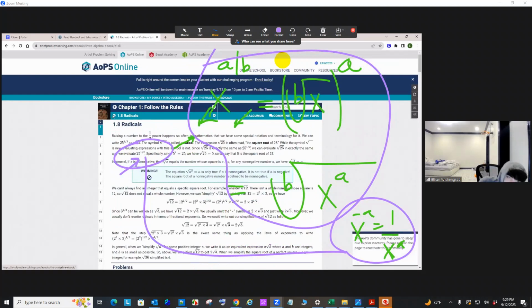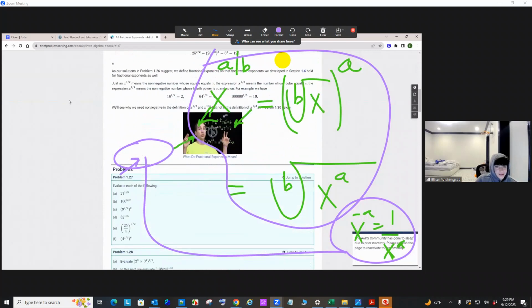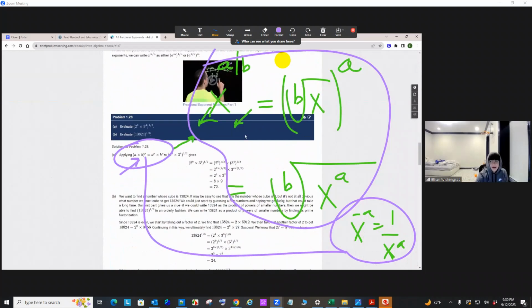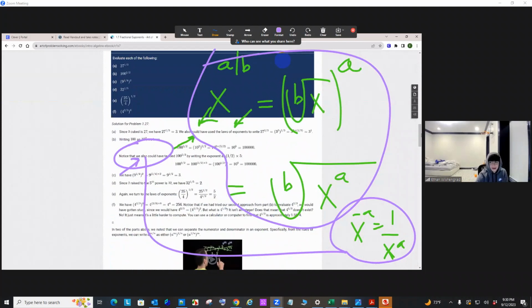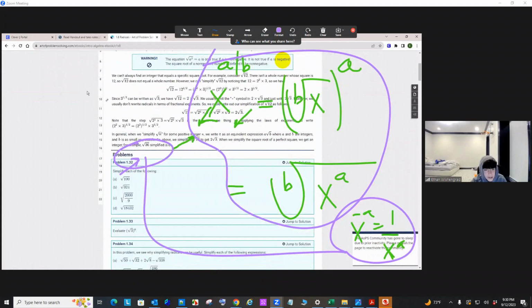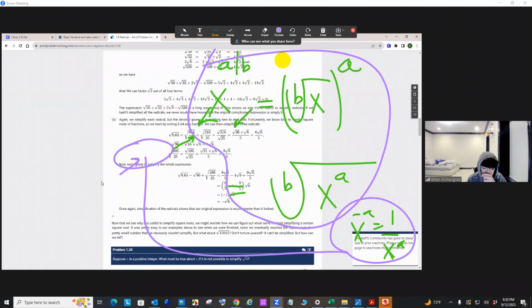Yeah, we haven't learned that yet. Yeah, I remember last year. There it is. Problem 1.37. Oh, you can't jump ahead to 1.8, can you? I can, but I don't know if you could see my screen.